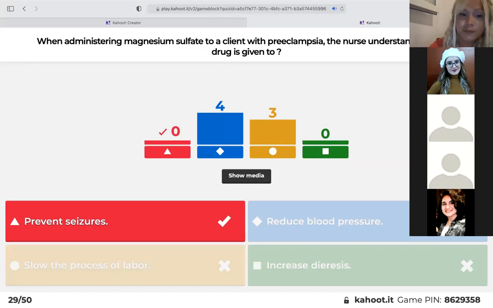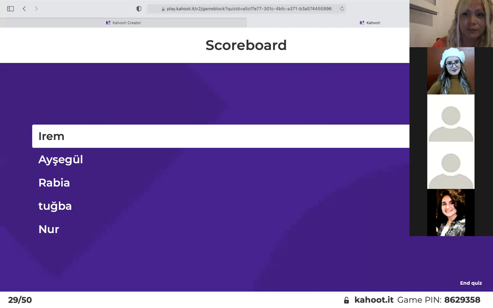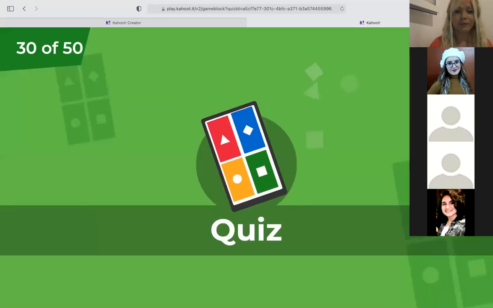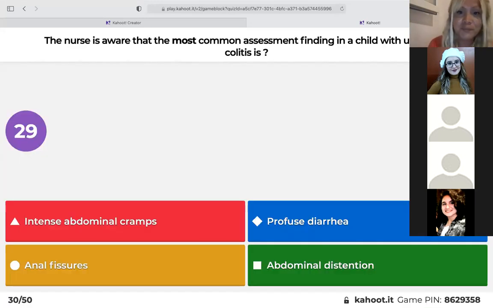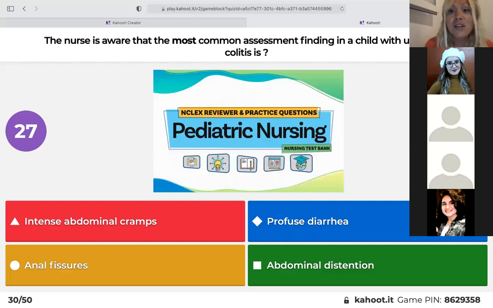The nurse is aware that the most common assessment finding in a child with ulcerative colitis is: we start pediatric nursing questions.